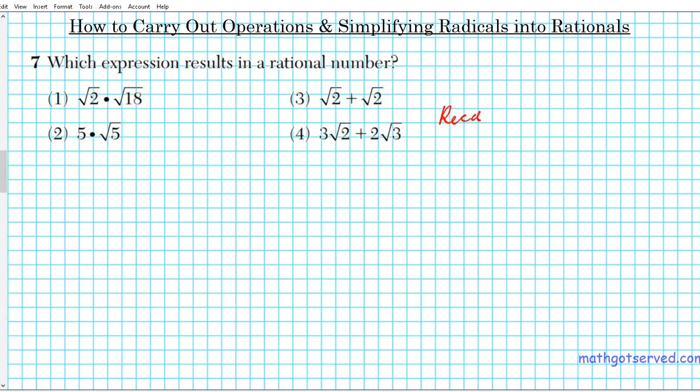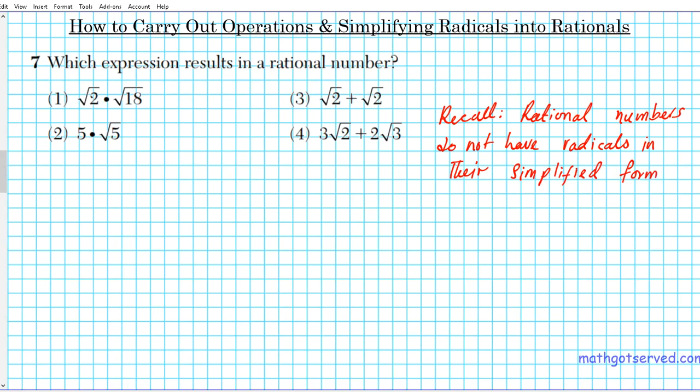So recall, you need to remember that rational numbers do not have radicals in their simplest form, in their simplified form. Okay, so if you simplify a radical completely and there are no radicals present, then that radical is a rational.